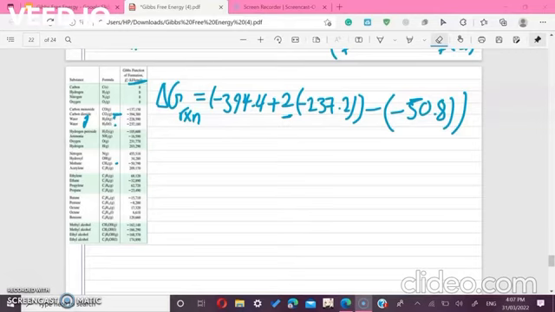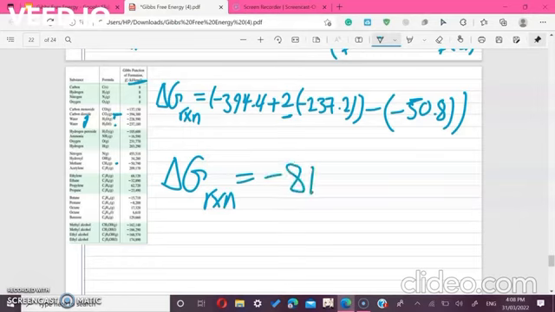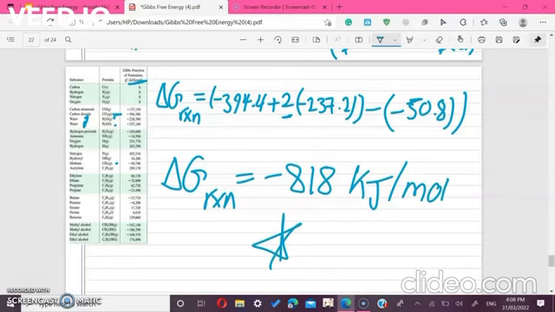We found the values. Now let's use a calculator to find the value of delta G reaction. You must get negative 818 kilojoules per mole. And we're done with this question.